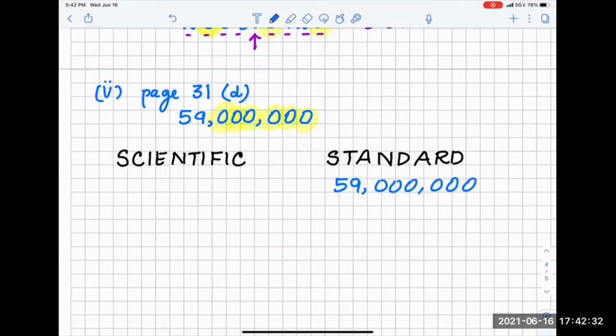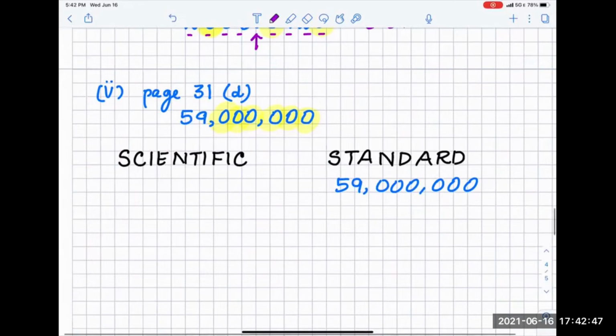Okay. Now here, even though the decimal is not shown, it is still present. Where is the decimal in 59,000,000? After the last zero. You don't see this decimal, so this is called an implied decimal. The implied decimal is there, we don't see it, but that looks like an exact number.